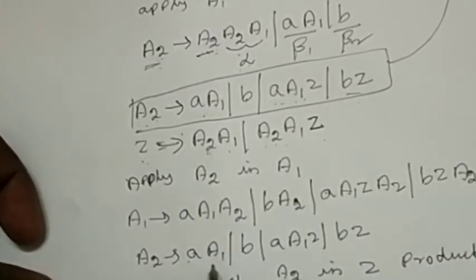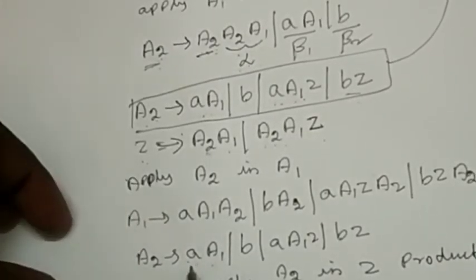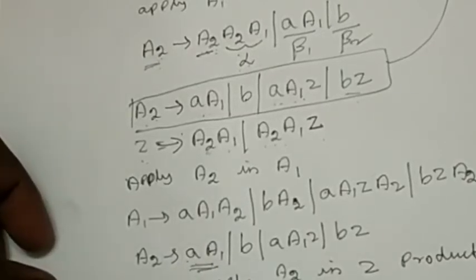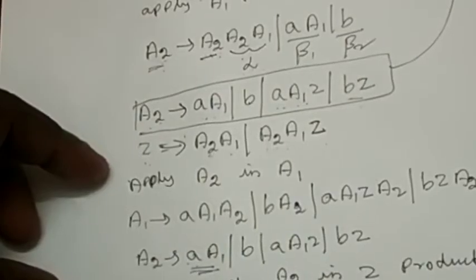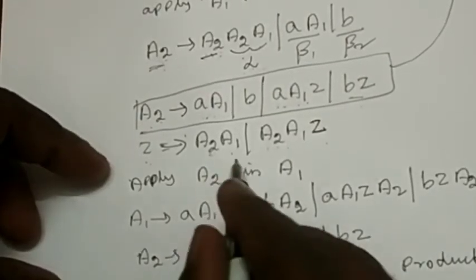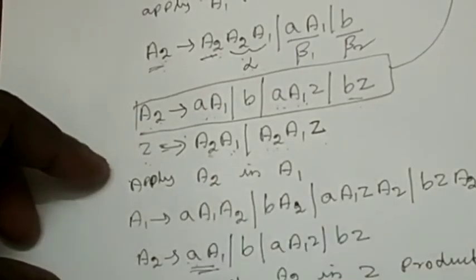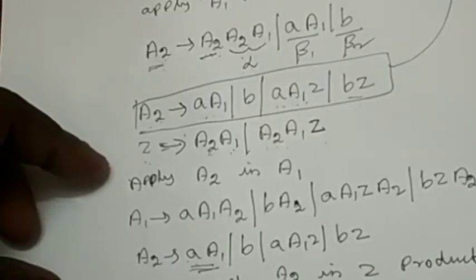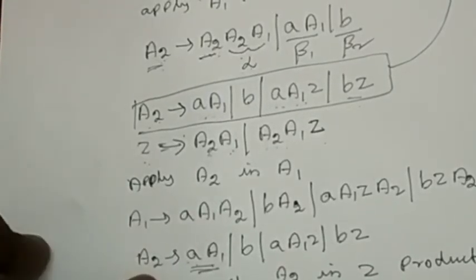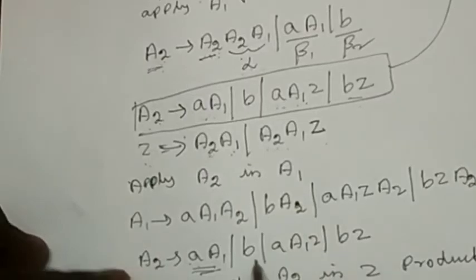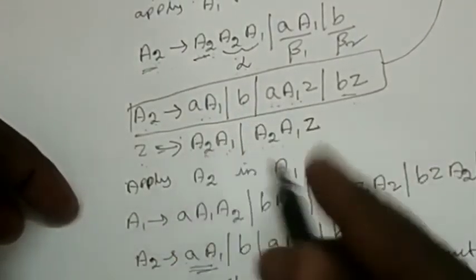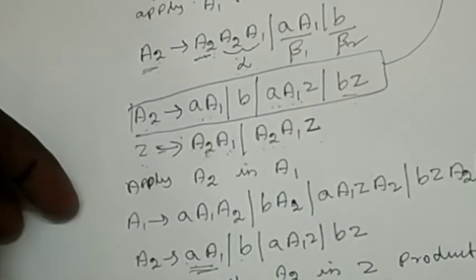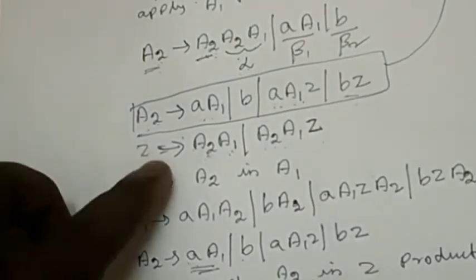When you apply A2 in the Z production, A2 has A1. So Z tends to, A2 is replaced by A1. Already A1 exists over there, so A1 here. Now bar, if we substitute A by B, it becomes B A1 bar.